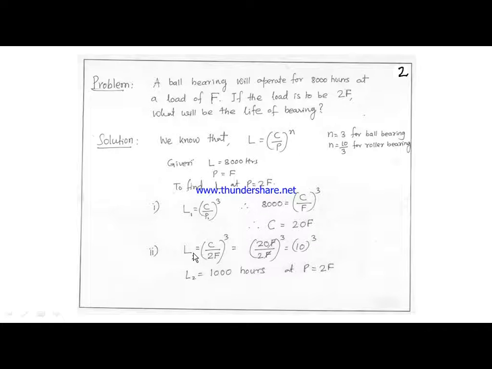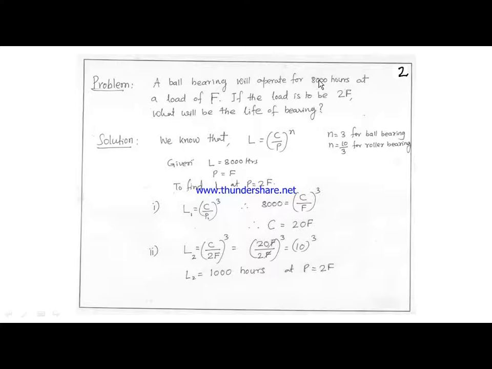So the life of the bearing when the load is increased from F to 2F will be calculated here. C is 20F, F and F cancel, so L is 10 to the power 3, that is 1000 hours.